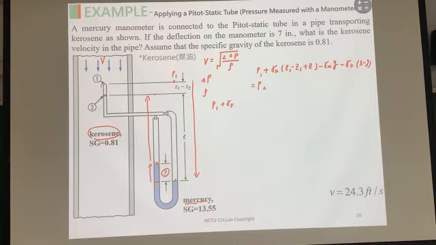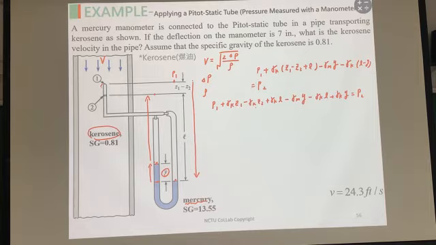So P1 plus gamma K Z1, minus gamma K Z2, and plus gamma K L. Later is minus gamma M Y, and minus gamma K L, and plus gamma K Y, and finally equal to P2.